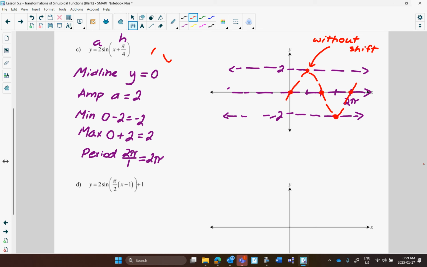The shift tells me I've got to go left a quarter pi, or pi over 4. The question is now, how much is that? Is it 1 notch? Is it 2 notches? Is it less than a notch? How do I figure this out?